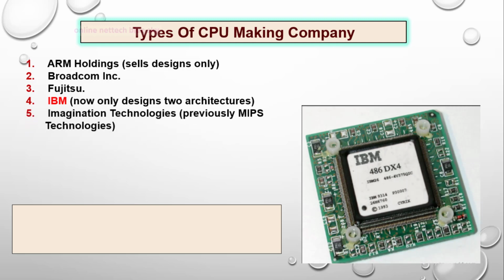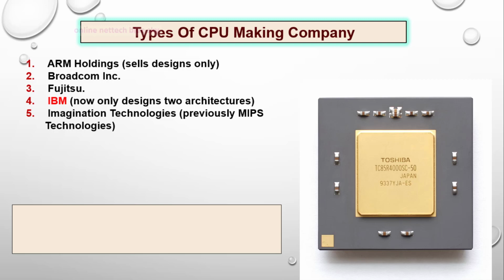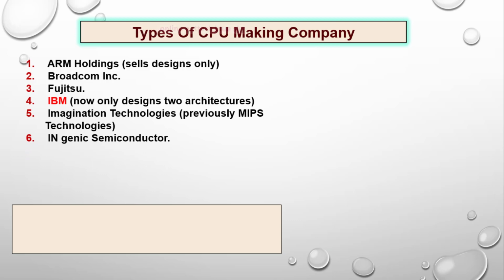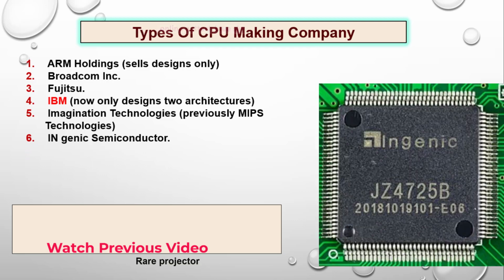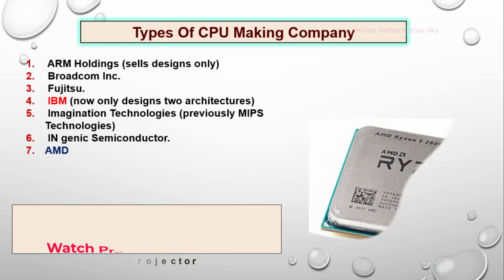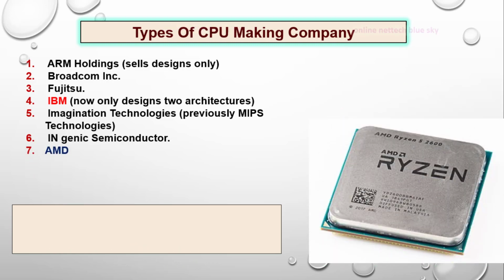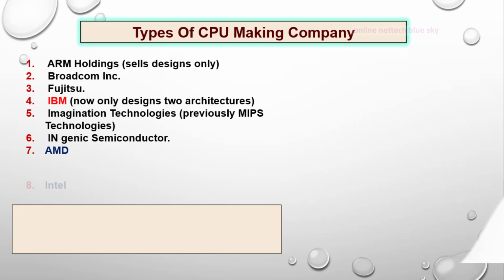Fifth is Imagination Technologies, which creates MIPS CPUs. Sixth is Ingenic Semiconductor. This company is available in the USA, and the popular companies are only AMD and Intel.